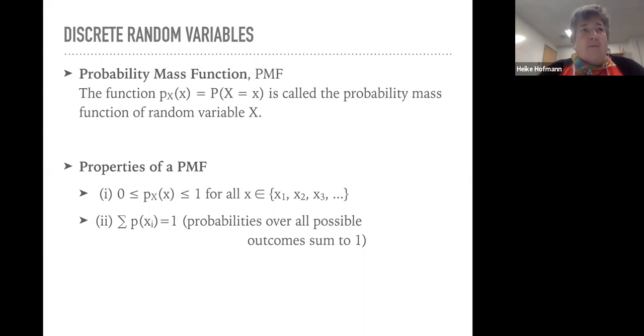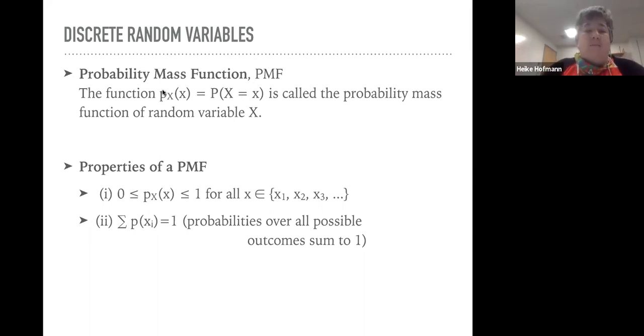Here we've got a special function called the probability mass function that tells us the probability for a single element in R. So X equals, let's say 3.